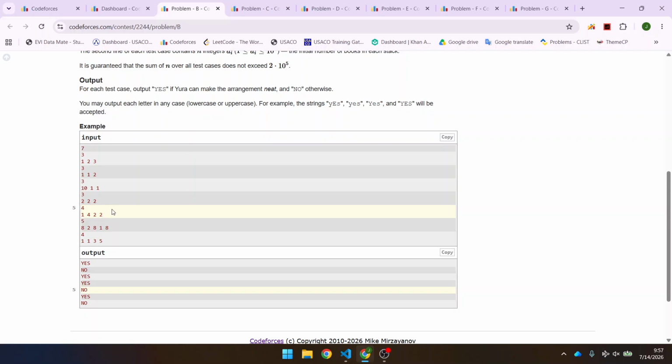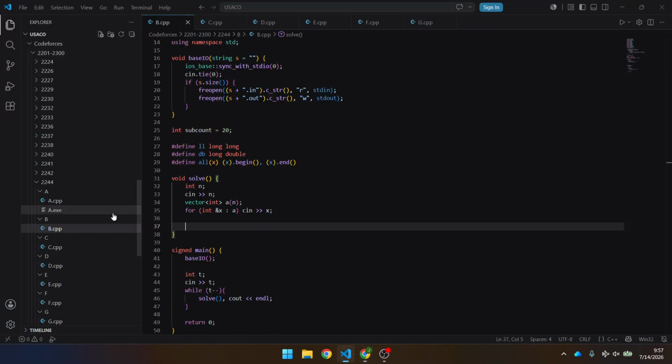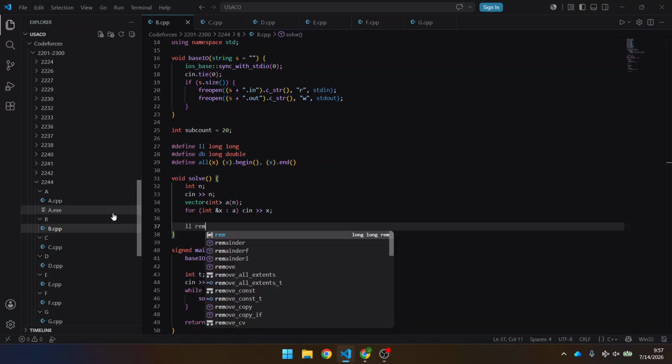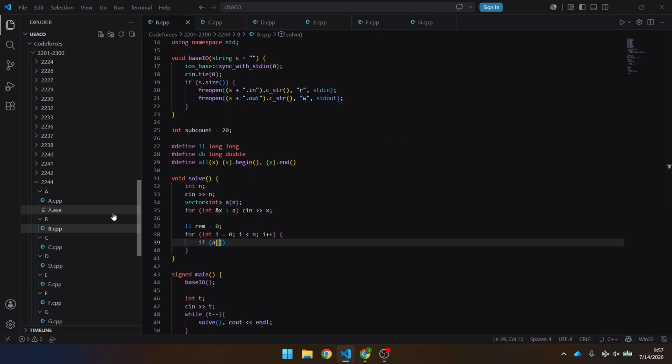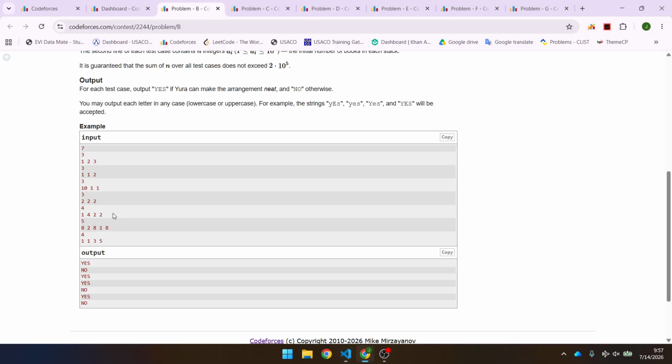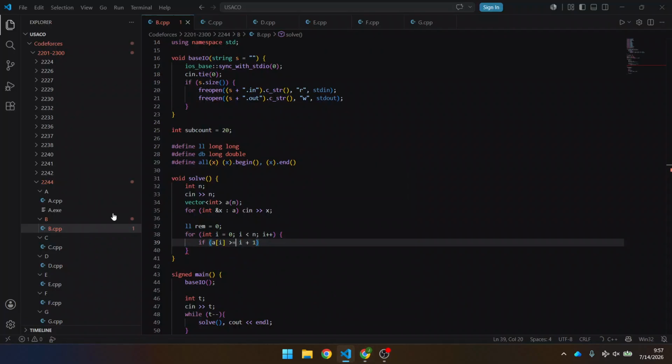Just try to make it 1, 2, 3, right? Long long ramp is 0. Int i is 0, and i plus plus. If a[i] is greater than i plus 1, ramp plus equal to a[i] minus i plus 1.